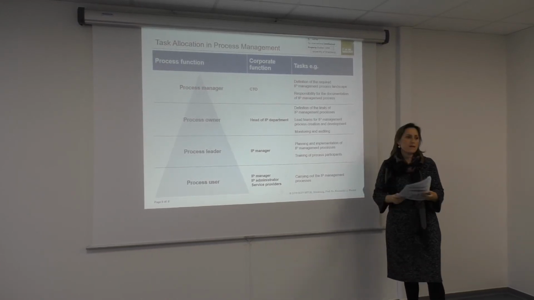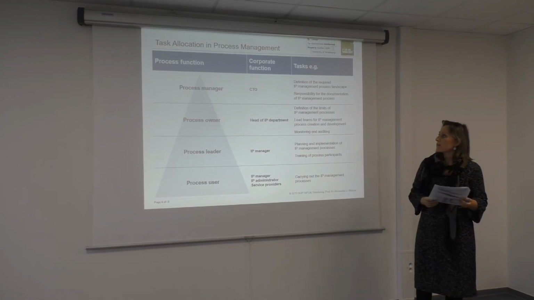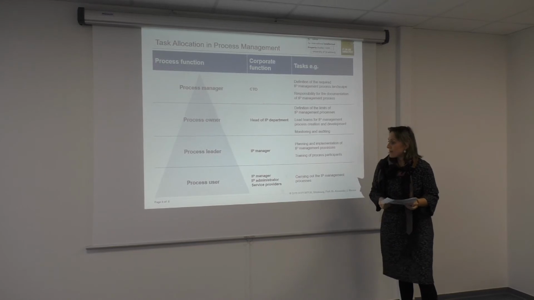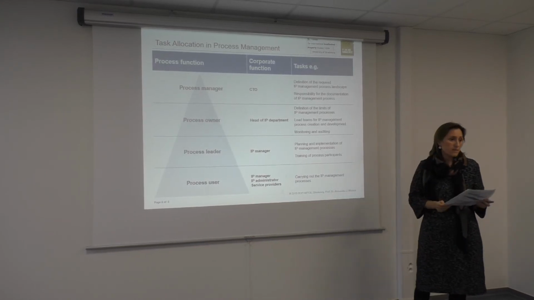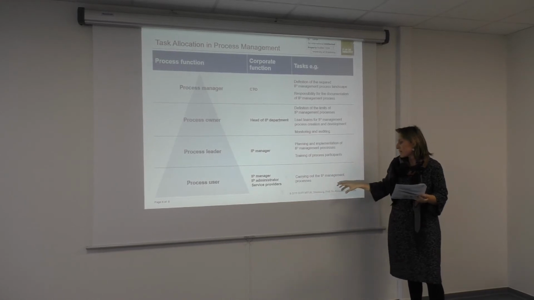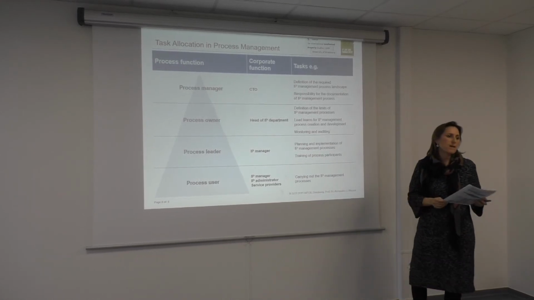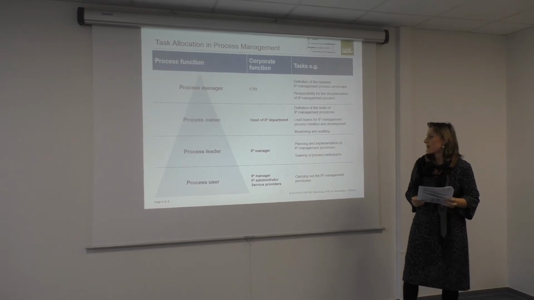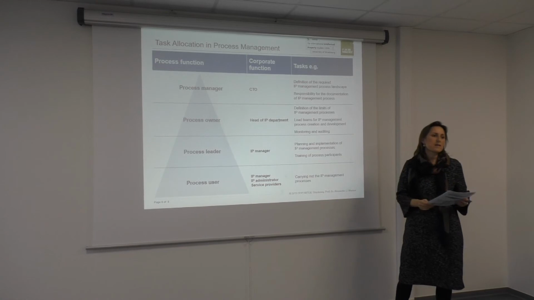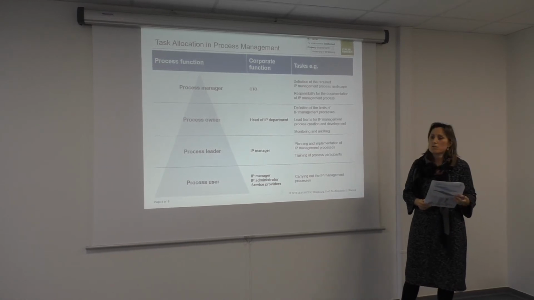And this function could be assigned to the IP manager. And finally, we have the process users, who usually carry out the IP management processes, and this is assigned to the IP manager, IP administrators, and the service providers of the processes.